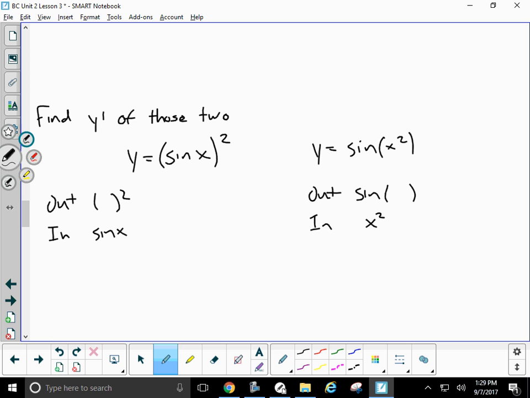Okay, so taking the derivative of the first guy, I would bring the 2 to the front and cosine, giving me y prime of sine squared is 2 times cosine of x. Fill in the inside. The inside is just the sine.